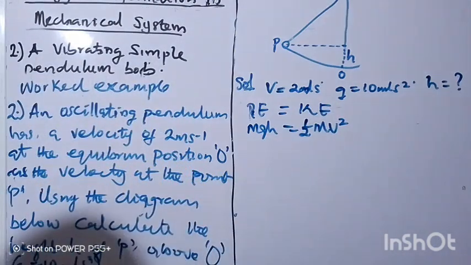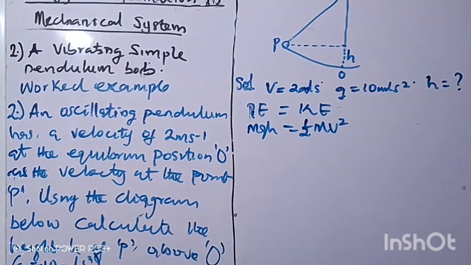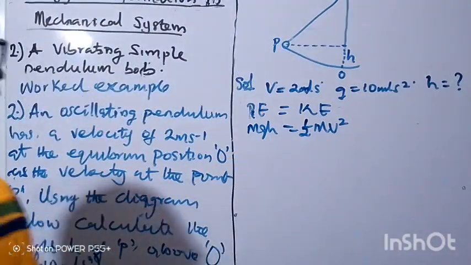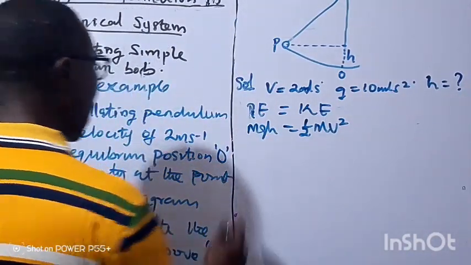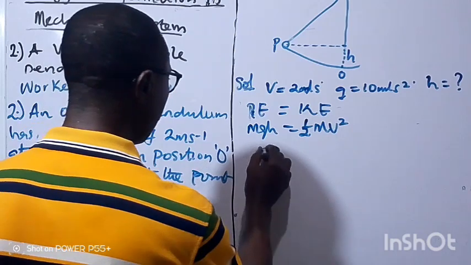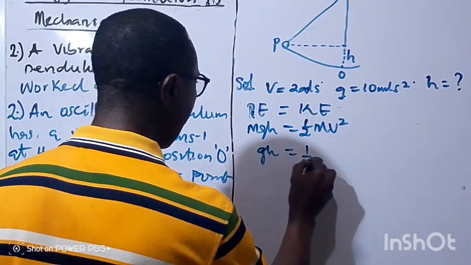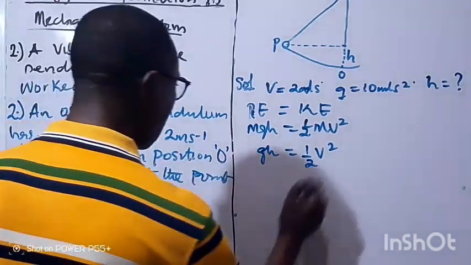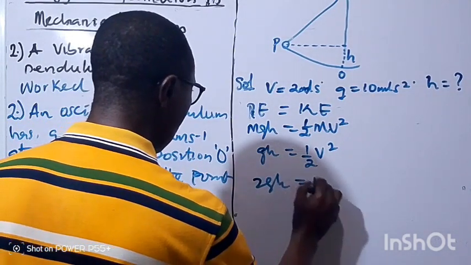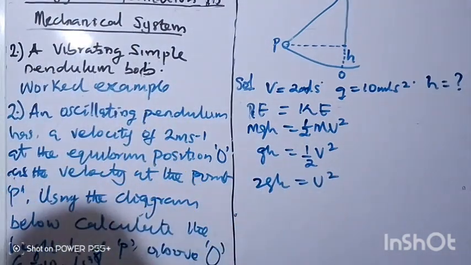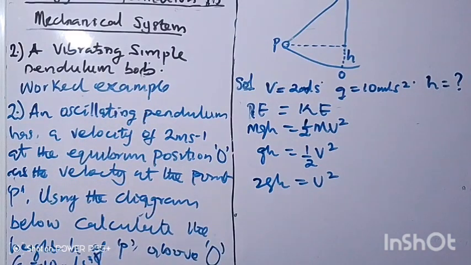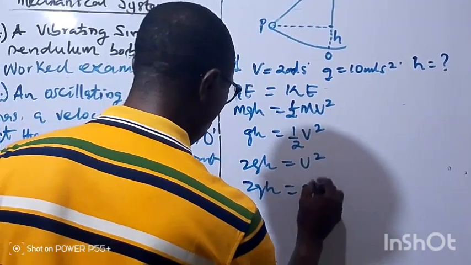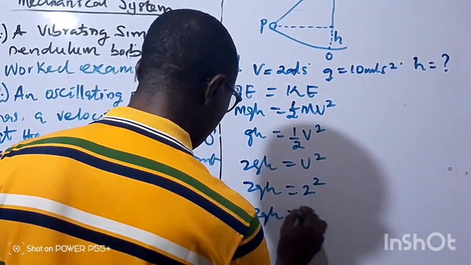Now from this formula, the question says we should calculate h. M is the same, so M will cancel and we are going to have gh will be equal to half v square. Mind you, this one will now give us 2gh is equal to v square. Already v is given, so we have 2gh is equal to 2 square. So 2gh is equal to 4.